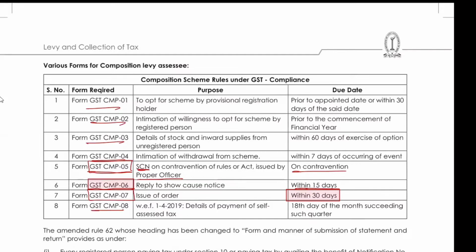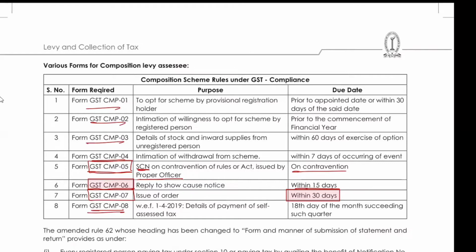And what is CMP-08? CMP-08 is what we need to file. One who has opted for the composition scheme has to file CMP-08. Have I told you that tax is paid on a quarterly basis? Suppose the quarter is April, May, and June. By 30th June, I will pay the tax for the first quarter.